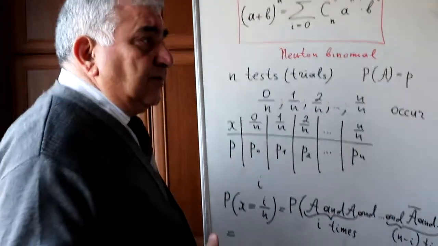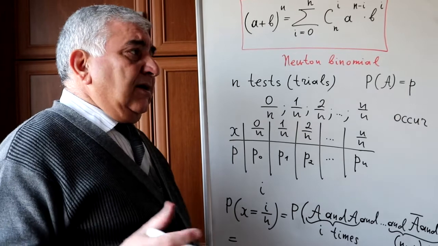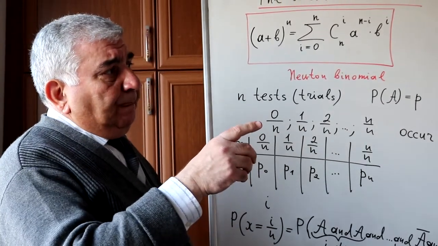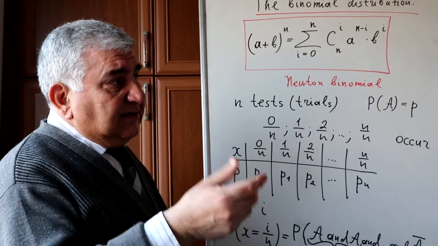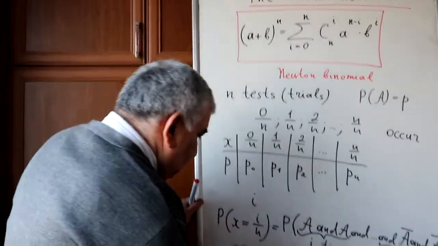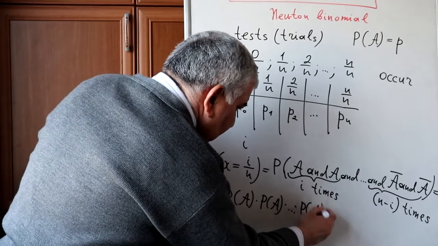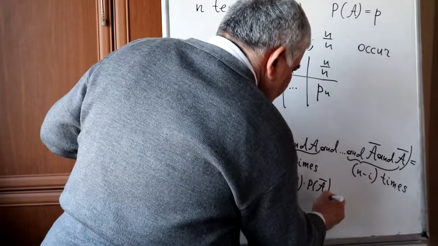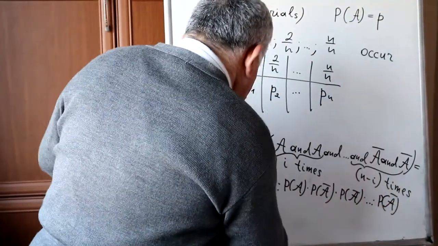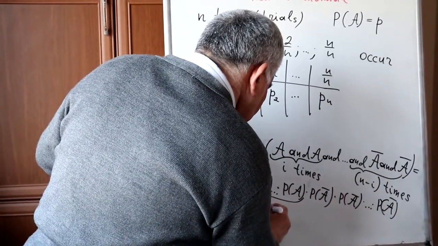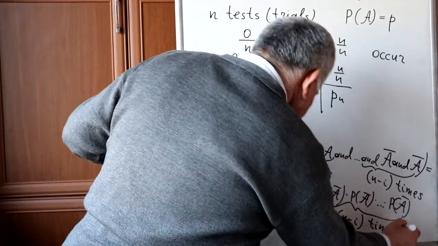According to the multiplication theorem, these cases are independent ones, and therefore the probability of the product of independent events is the product of the corresponding probabilities: P of A multiplied by P of A, etc., multiplied by P of A with a line, multiplied by P of A with a line, i times and n minus i times. Then continue.